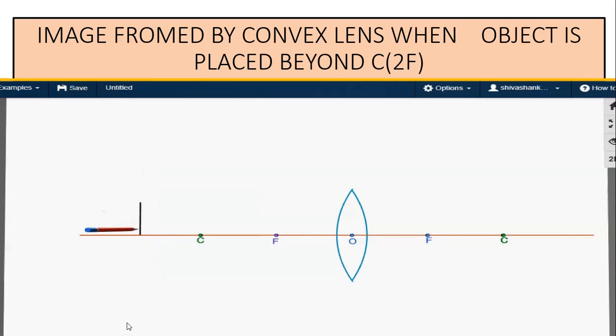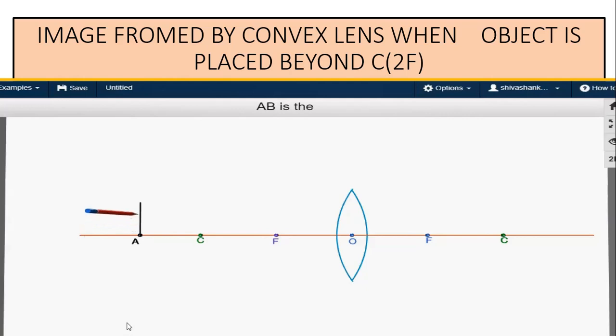Now I am keeping the object at a distance just beyond C. The object is AB.